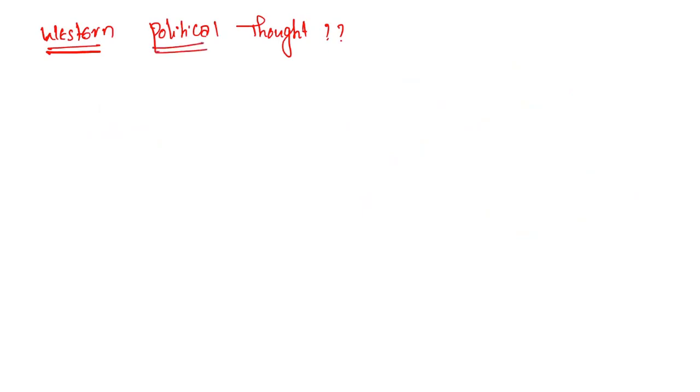Political is something that I have already said in defining what is political science. Politics comes from the Greek word polis. Polis in Greek means city states.